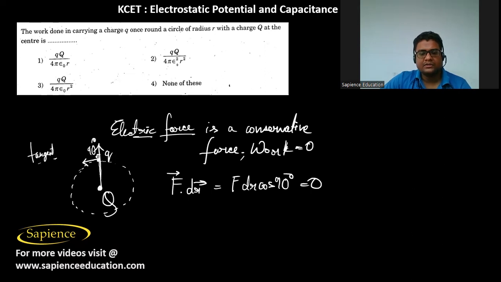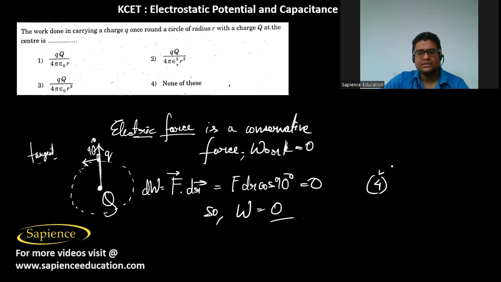So at every instant the small amount of work done, dW, will be 0. So the work done in carrying a charge q once around a circle will be 0 only. So option 4 is the correct answer, which is none of these. The answer will be 0 work is done.